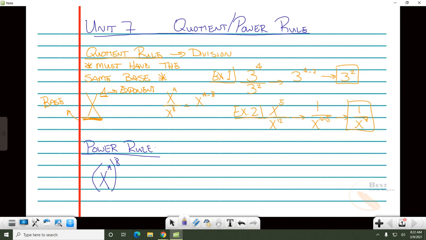Our base doesn't matter here, because with this one, all we're going to do is multiply our exponents. So to get our answer, we're going to have x to the A times B. When you have a power raised to another power, you just multiply those powers. That's all you do. So you can think about this one as multiply the powers.